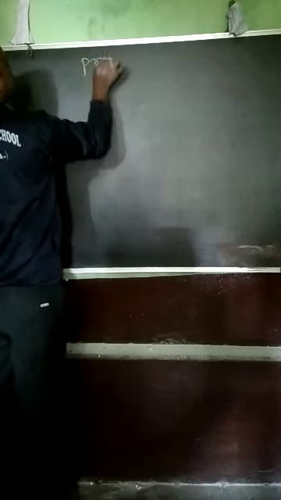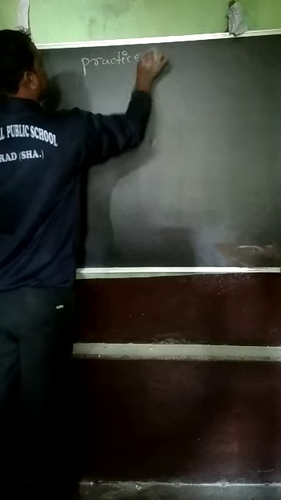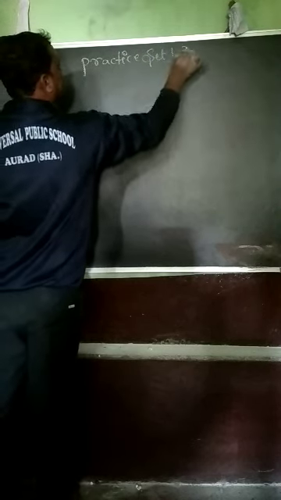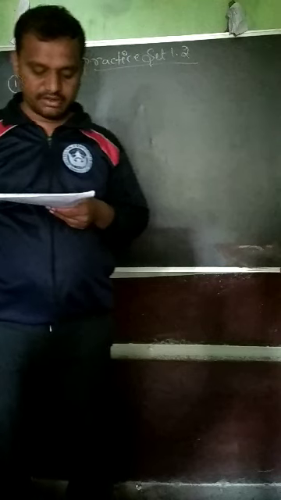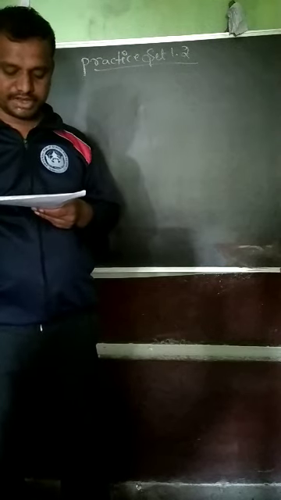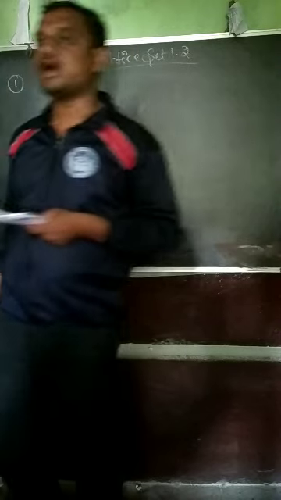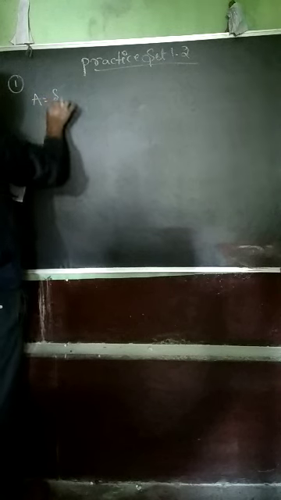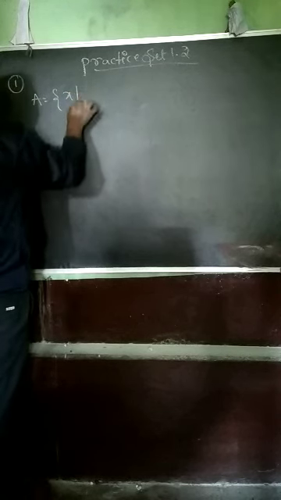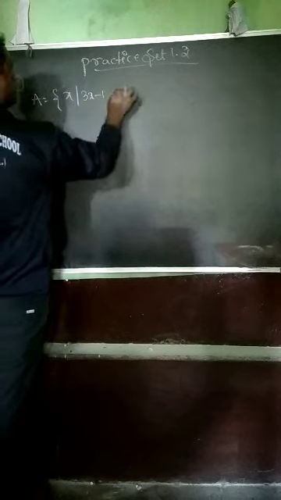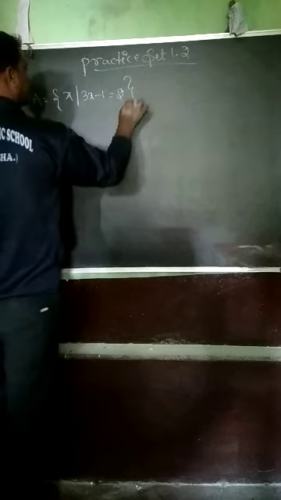Next we go to practice set 1.2. See here, question number 1. The given: decide which of the following are equal sets and which are not. Justify your answer. See here, the given three sets. A is equal to x such that 3x minus 1 is equal to 2, right?